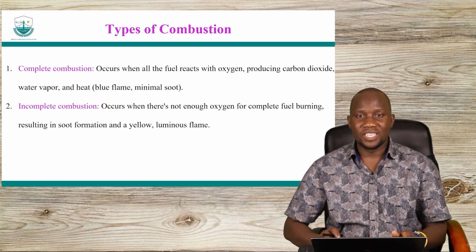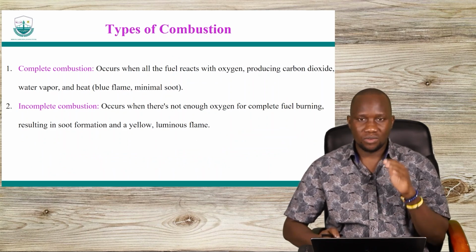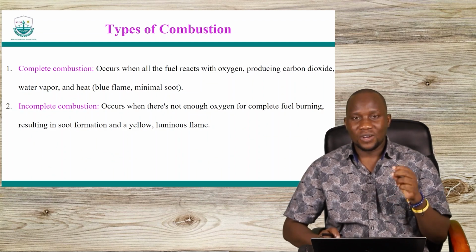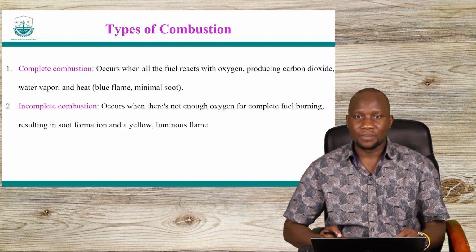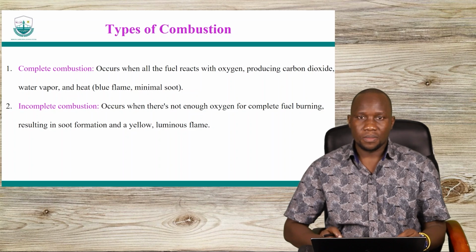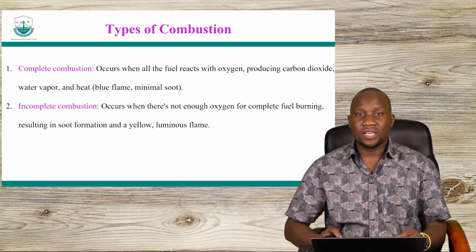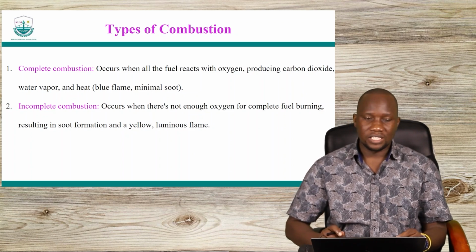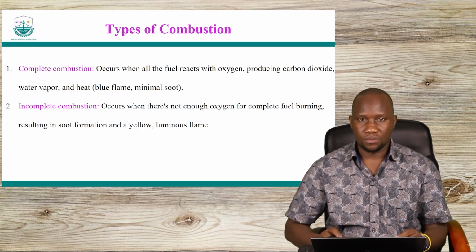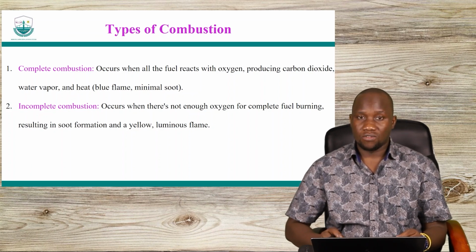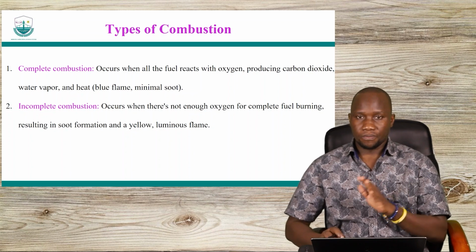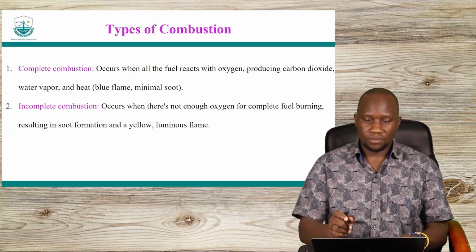So combustion can be in two ways. We said that you can't talk about combustion without having oxygen in mind. So we have two types of combustion, and they're all related to the presence of oxygen. If we have a lot of oxygen, that is going to be complete combustion.